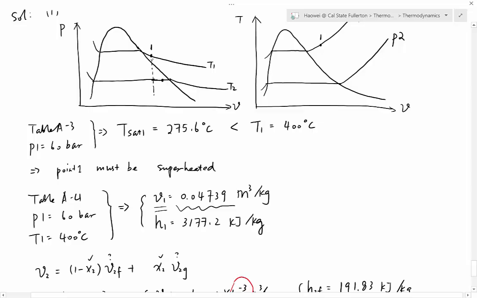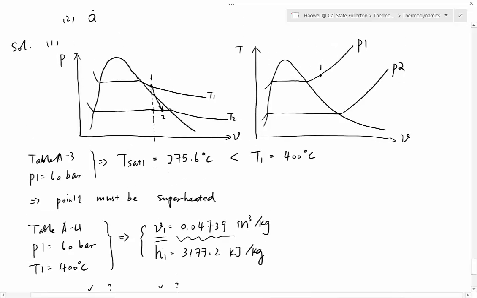You can draw a dash line, vertical dash line. So number 2 must be to the right of the dash line. And must be within the dome because of the mixture, and also on T2 line because the temperature is T2, and then you can finally connect 1 and 2. 1 to 2 must be skewed to the right. Okay, so that's P versus nu diagram.